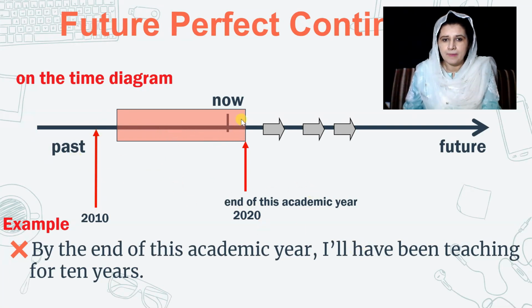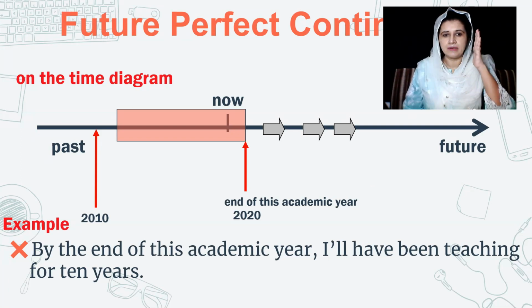So I have completed the 10 years, and this process of teaching is supposed to be continued in future as well, right? So this is how we talk about the completed action at the end of a certain time period and how it's supposed to be continued in future as well. Let's move.